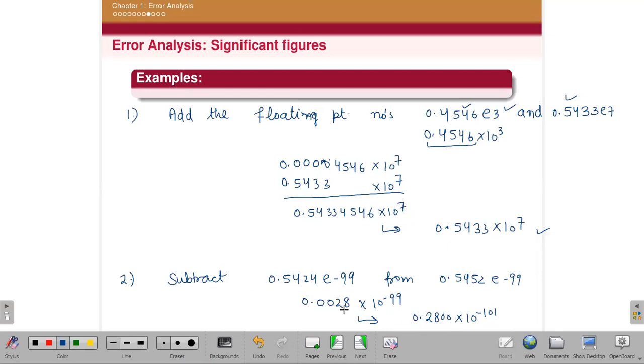You lost the 2 significant digits because these are again two nearly equal numbers. In addition, when you add a bigger number to a smaller number, or in subtraction, when you subtract two nearly equal numbers, you face the loss of significance.